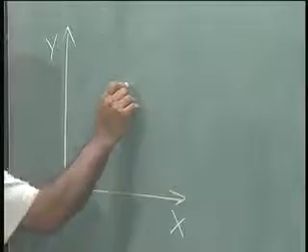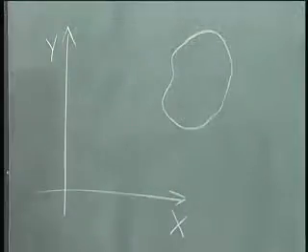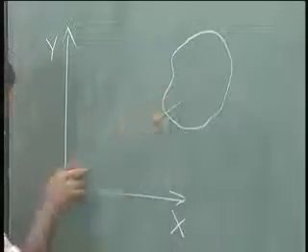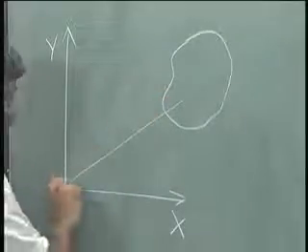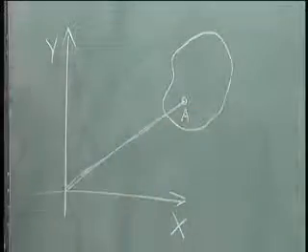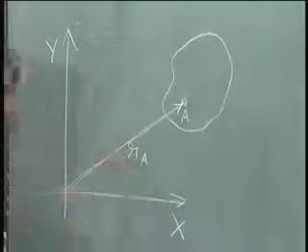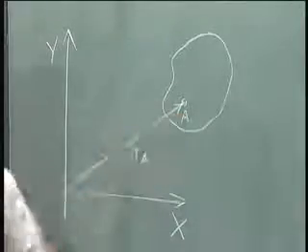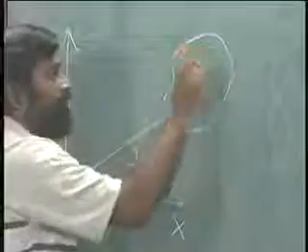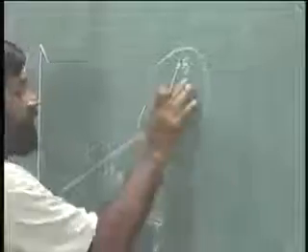Let us say there is a body at a particular instant of time. The question we have basically is, supposing I know the position of a particular point on the body, I wish to find out what would be the position of any other arbitrary point that lies on the body.